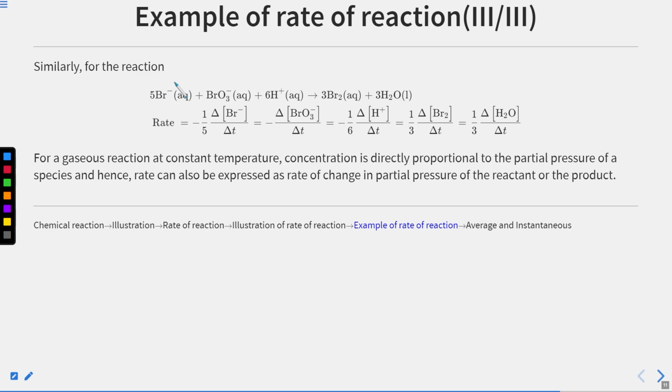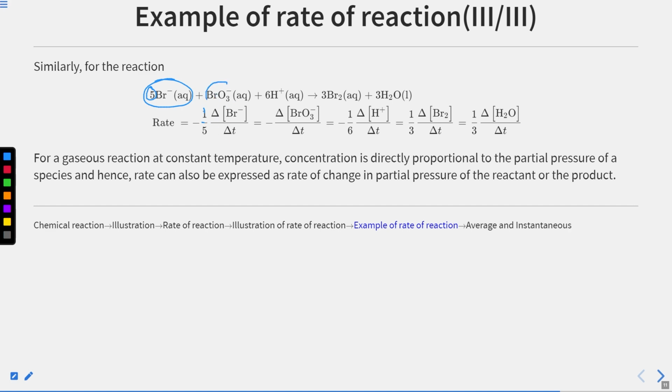First we'll write it for Br minus. The rate of disappearance of Br minus will be minus delta Br minus by delta t, with a negative sign. Then we will divide it by the stoichiometric coefficient, that is 5, so 1 by 5. So the rate of reaction will be just 1 by 5 of those.